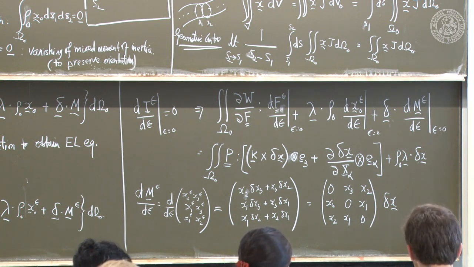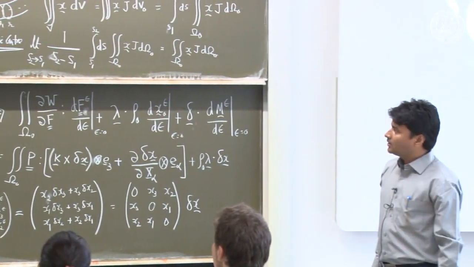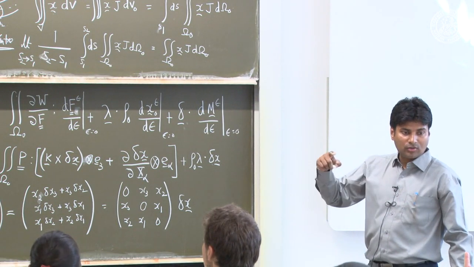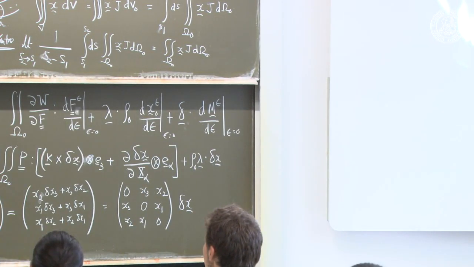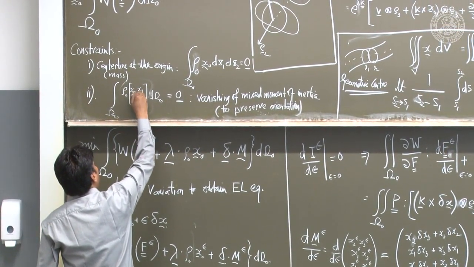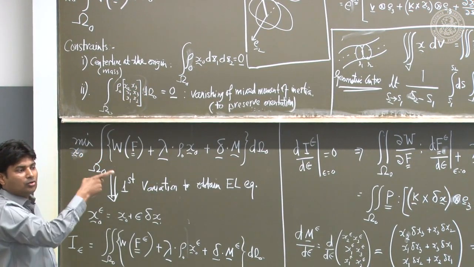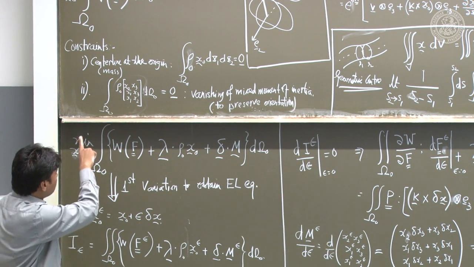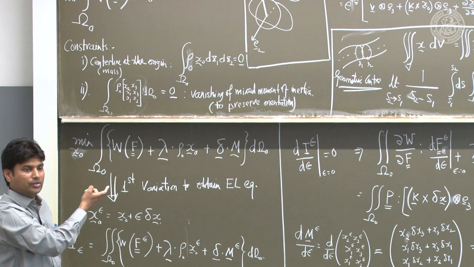One question: the x1, 2, 3. Yes, the coefficients of the vector x naught. Yes, they are the components of x naught. So I should be having that naught also here. So x naught comma 1, x naught comma 2, x naught comma 3. So they are also functions of big X1, big X2, just as x naught are functions of big X1, big X2.